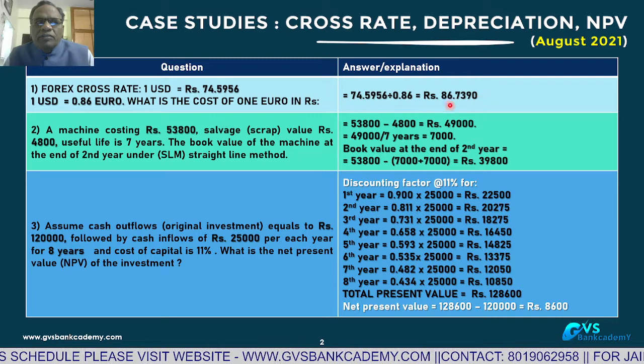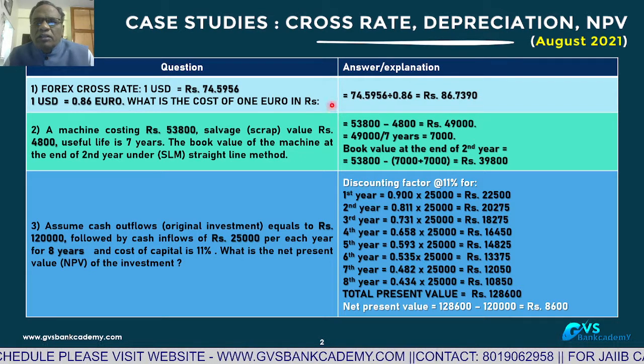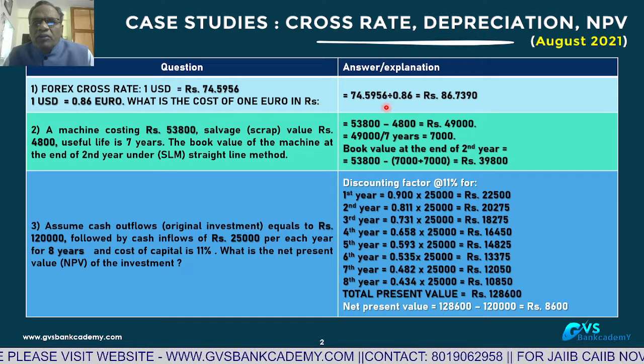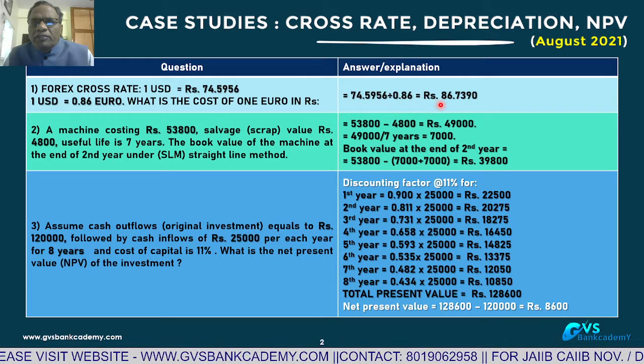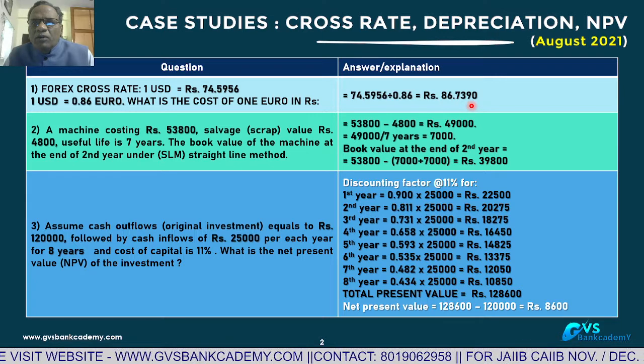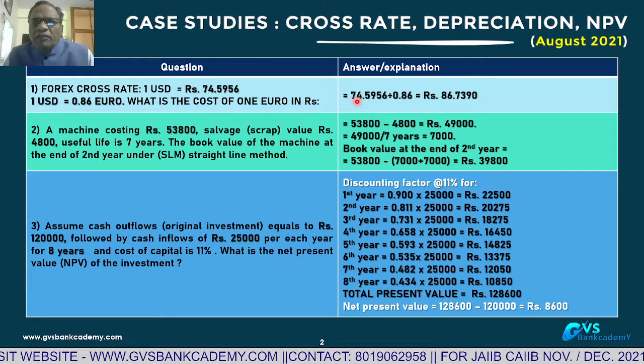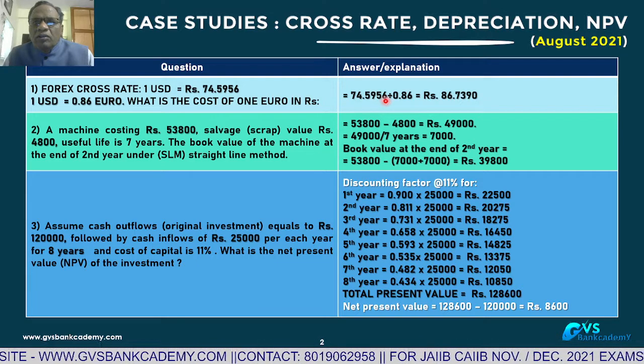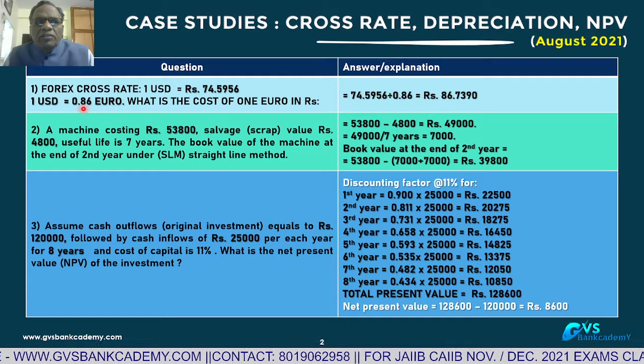This is the cross rate calculation. For the purchase of 1 euro, you have to pay 86 rupees 73.90 paisa. How? The spot rate is 74.5956 for $1. In the international market, $1 is equal to 0.86 euros.